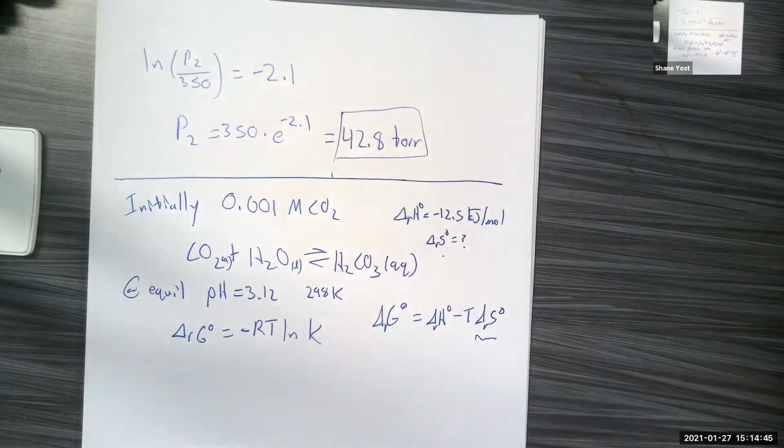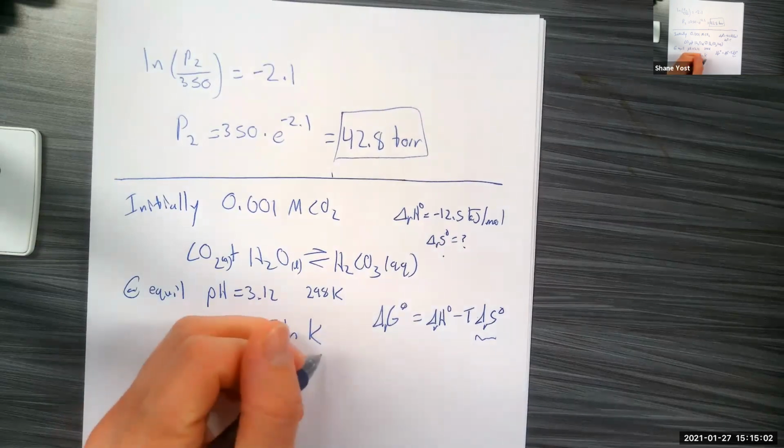I'm given some equilibrium information, so maybe I can get the equilibrium constant and relate that to the free energy change. And then from the free energy change, maybe I can relate delta H to delta S. And so the first thing we need to do is figure out what this equilibrium constant is.